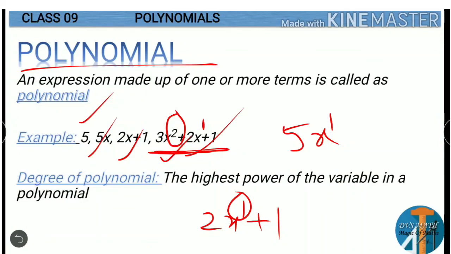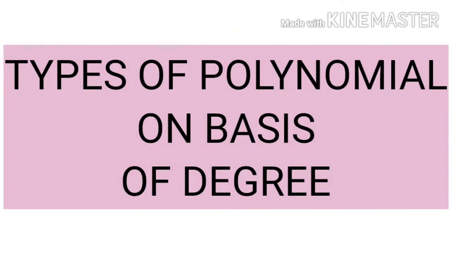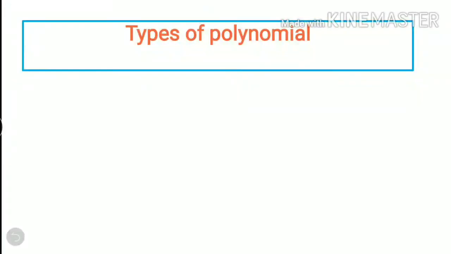Depending upon this degree, we are dividing the polynomials into 3 groups: polynomial types on the basis of degree. The degree, as you know, is the highest power of the expression.